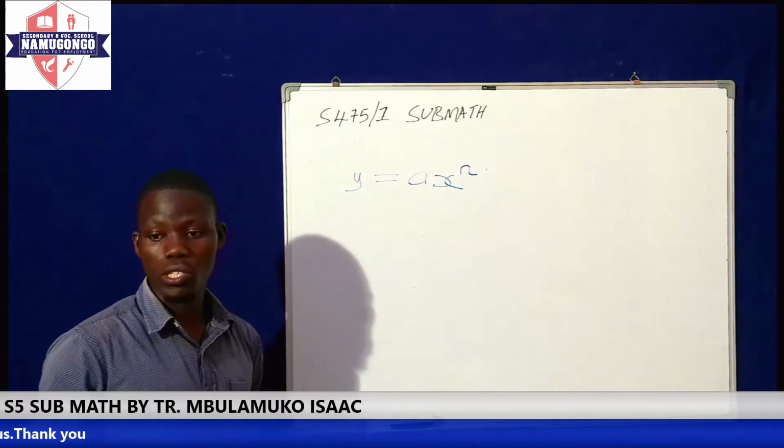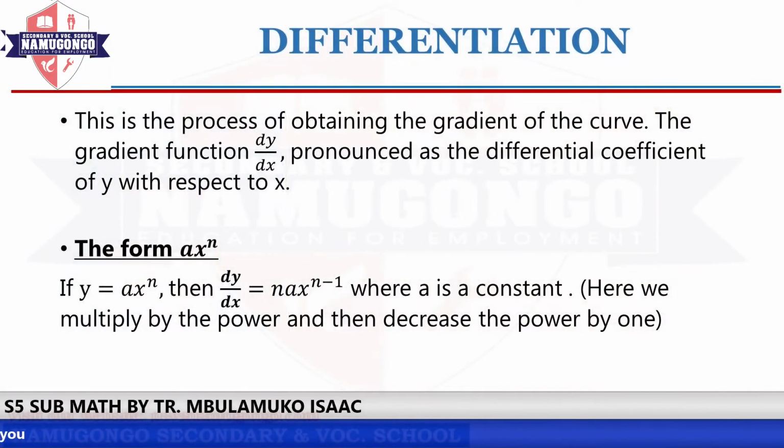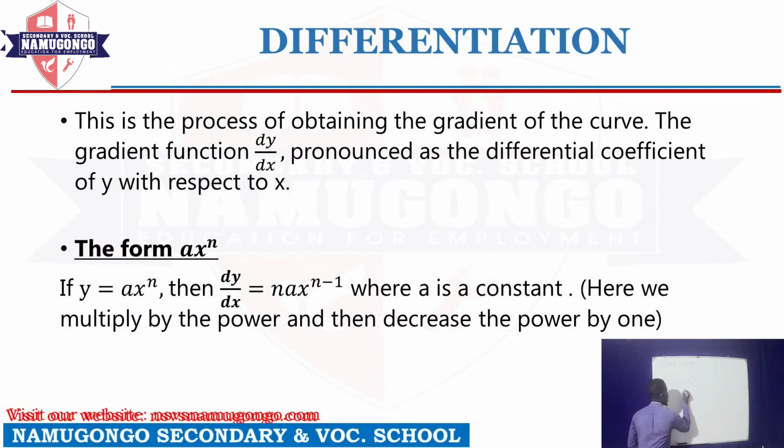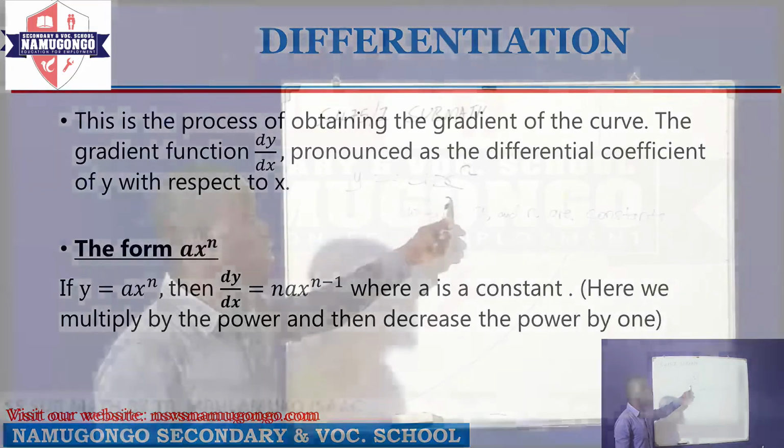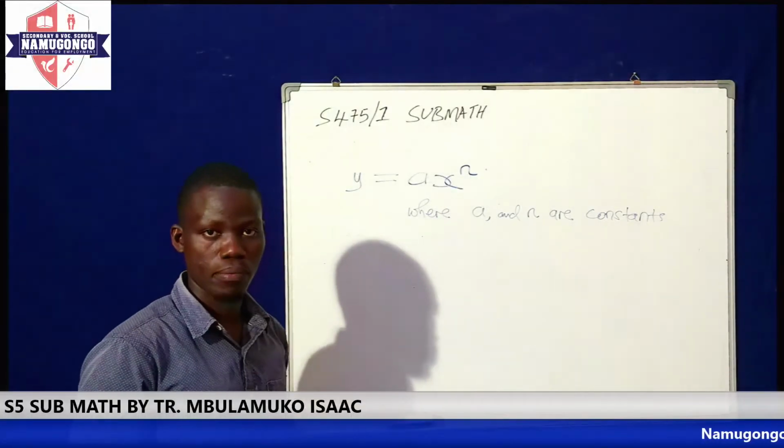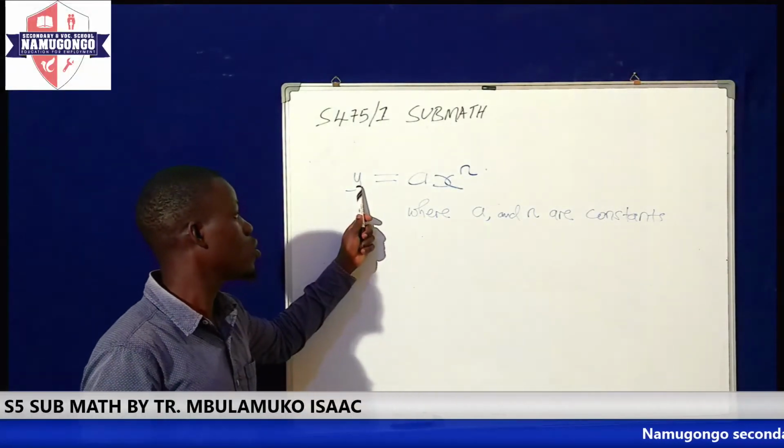When you look at your slide, the letters a and n are constants. They are constants. So these are numbers, and our only changing variable is x. And we have a function y.